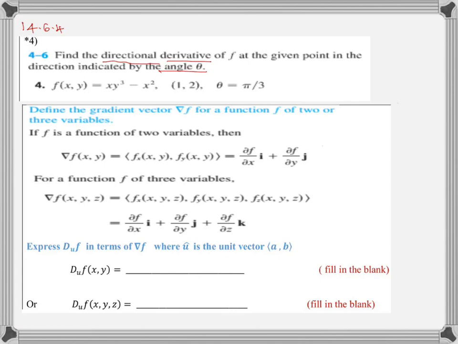Like partial derivatives, f sub x and f sub y give the slope of the tangent in the direction of the x and y axes. Here, we can find the slope of the tangent to the surface at the curve of intersection along any direction. That is what the directional derivative means.